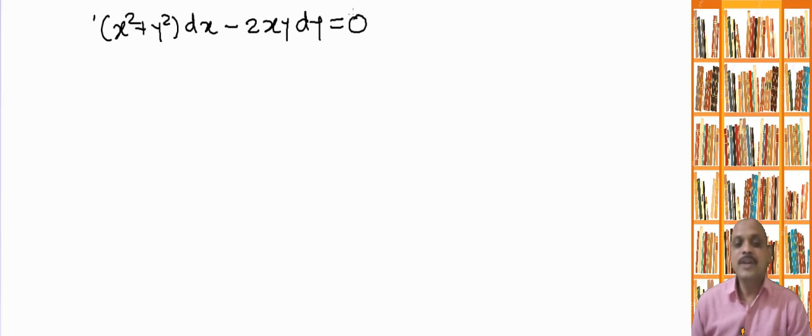Now when we look at each term, the degree of each term is 2, but in the second term, 2xy, x is degree 1 and y is degree 1. In such a case, we have to add the degrees of both x and y, since they are in multiplication.